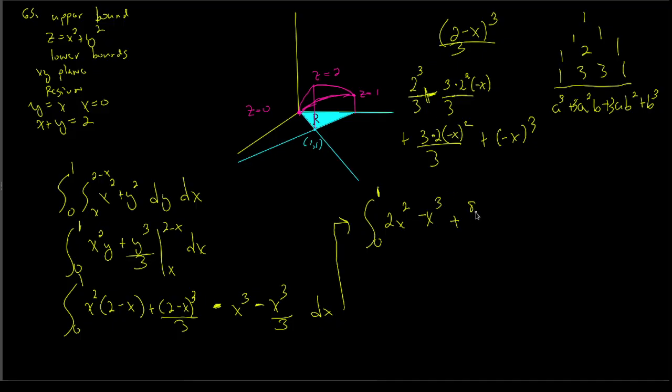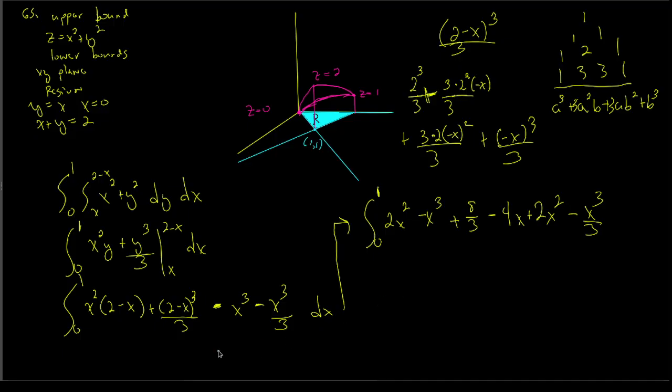I'm going to have 8/3, and the 3's cancel, and that's 2 squared, so minus 4x, plus the 3's cancel, plus 2x squared minus x cubed over 3, but the 3's canceled.